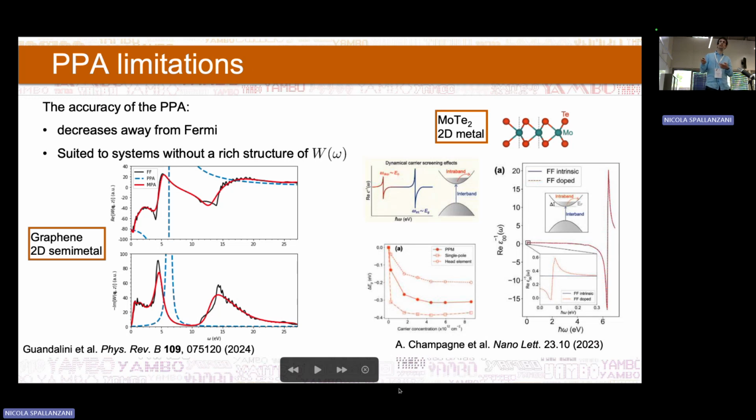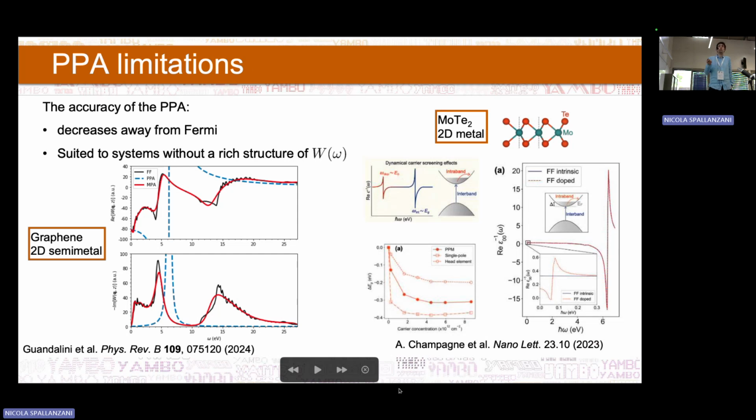For example, the strategy by the multiple poles approximation that we will show just after. Another way to understand the failure of the one-pole estimation is the case where you look, for example, at a 2D metal. In a 2D metal, you expect the presence of two plasmon peaks, a higher energy one associated to interband transitions, and a lower energy peak associated to intraband transitions.